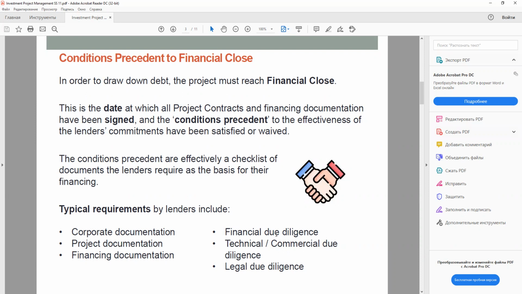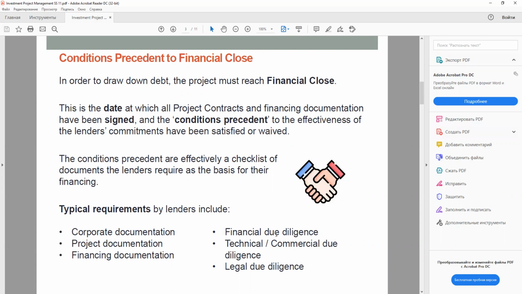Financial due diligence documents. Evidence that all investors' funding, equity, or subordinated debt has been paid or committed, and any security for this is in place. Evidence that any other parallel financing arrangements are in place and effective.